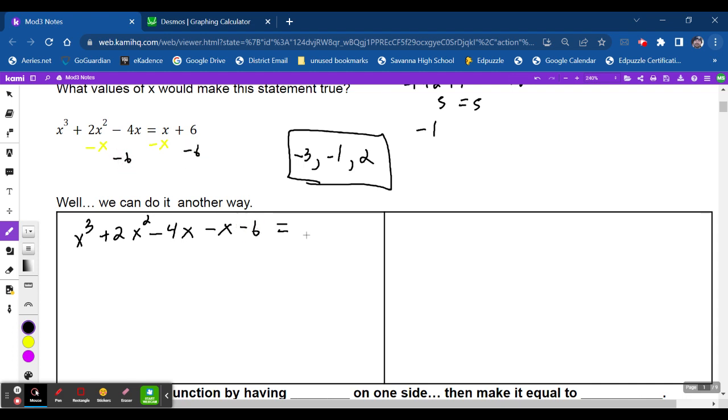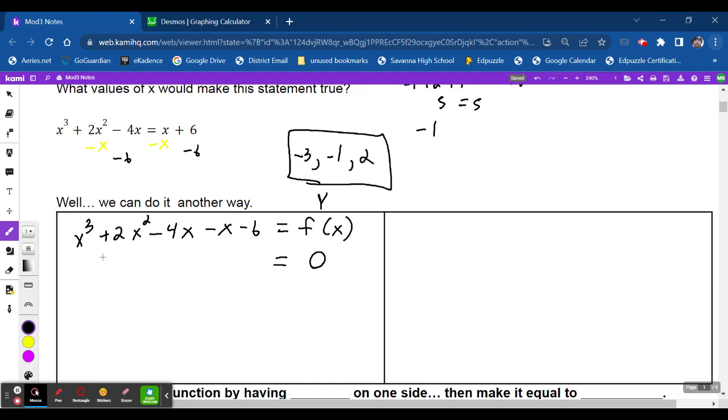Minus 6 is equal to the function of x. And now we also know that that's our y value, or the height. If we make this true, where do we hit 0? What are our roots? What are our solutions?